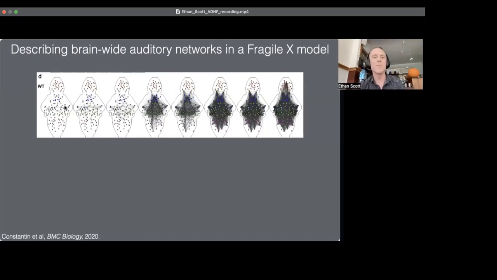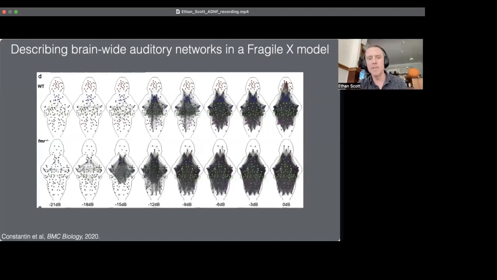When we did this in wild type, what we found is that from quiet stimuli here to gradually stronger stimuli, you start with very little in the way of connected edges because there's little correlation across the network, up to very strong stimuli here where basically the whole network is interconnected. If we look at those same volumes, but representing data from the FMR1 animals, what we find is that the structure of the network is not so different.